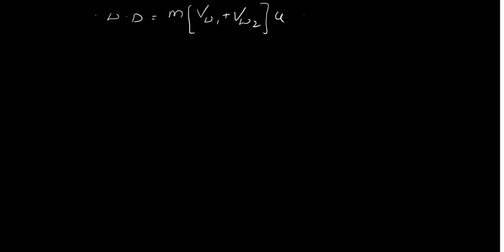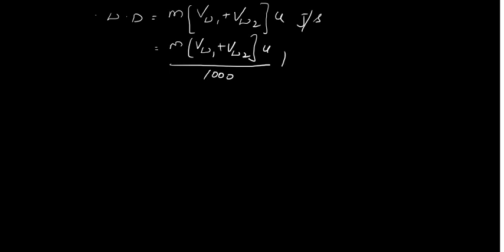This is in joules per second. If I want it in kilojoules per second, just divide it by 1000: M into VW1 plus VW2 into U divided by 1000. Then the unit is kilojoule per second.